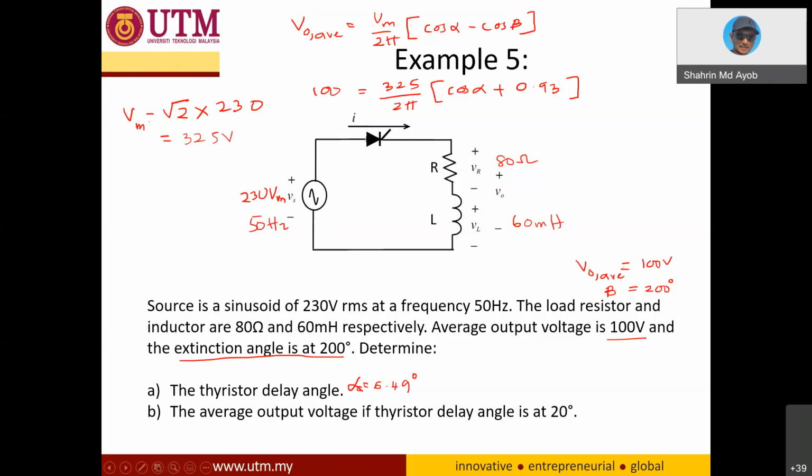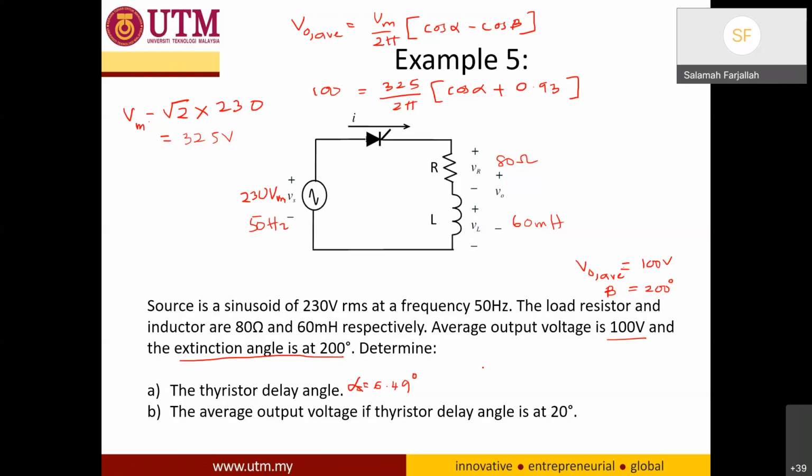Anyone got the same answer? Doctor, I think mine will be different because for the 0.93 I take 4 decimal places, which is 0.9397. Yeah. So 6.4 something, 64.72, 6.72.